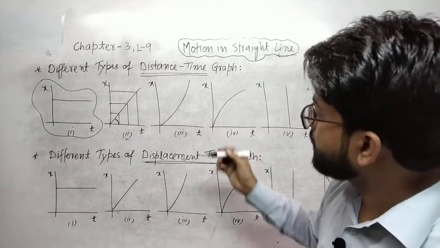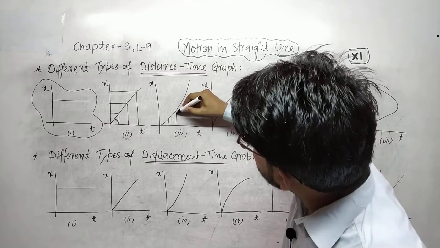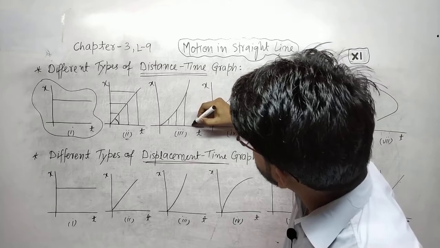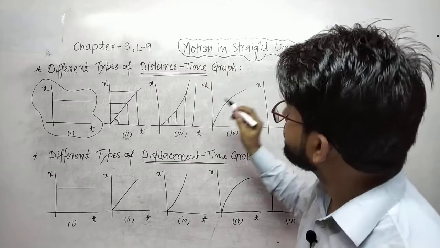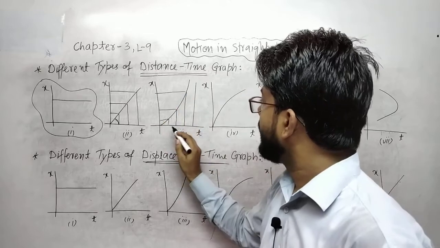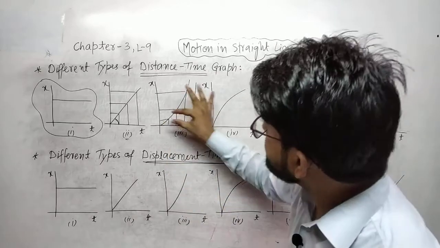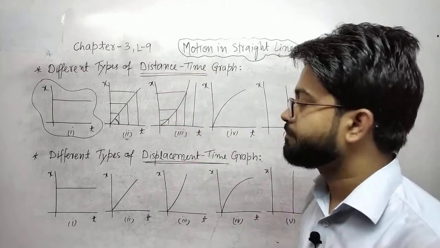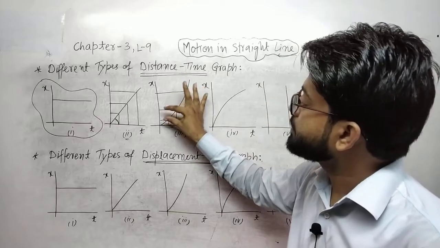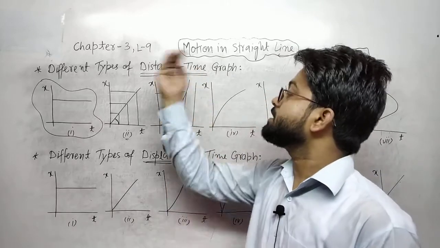Here you will see that if you divide the time into equal parts, in equal time intervals the change in position is not the same, but the change in position is increasing.